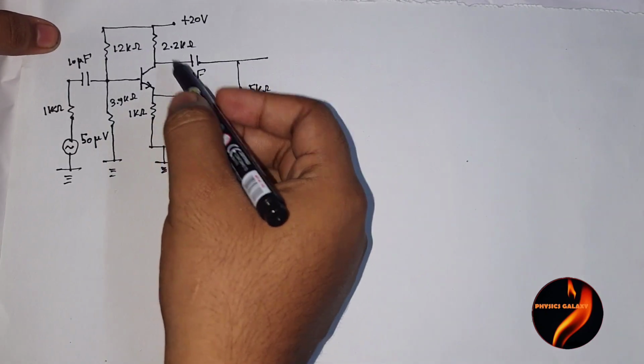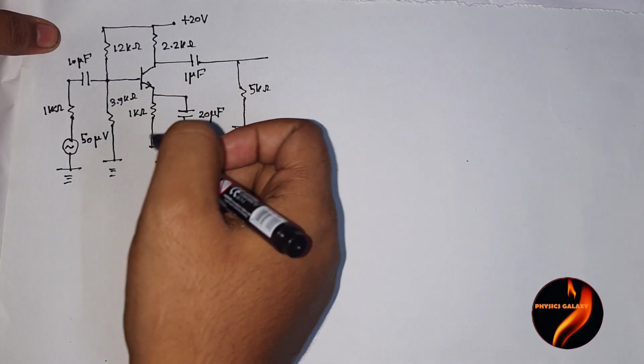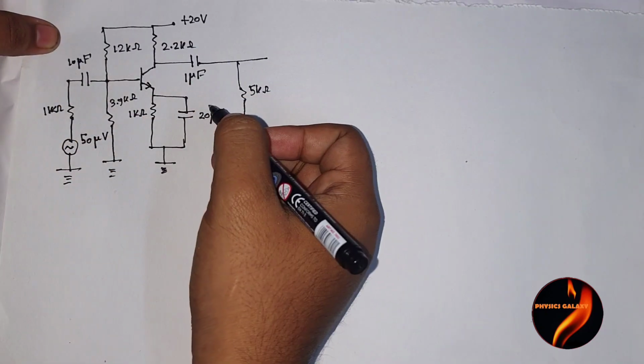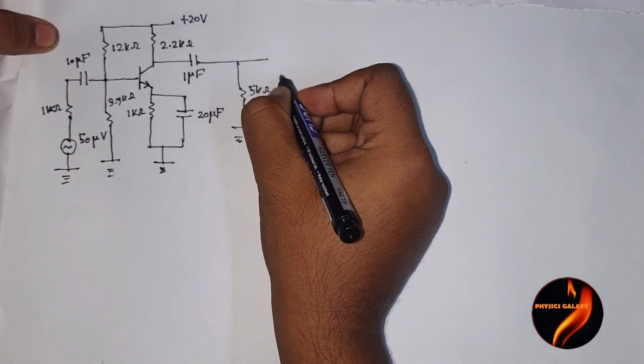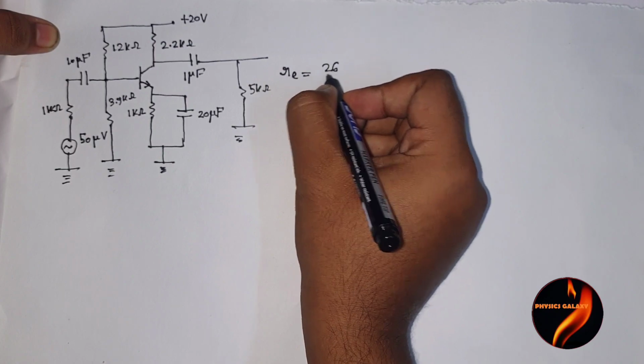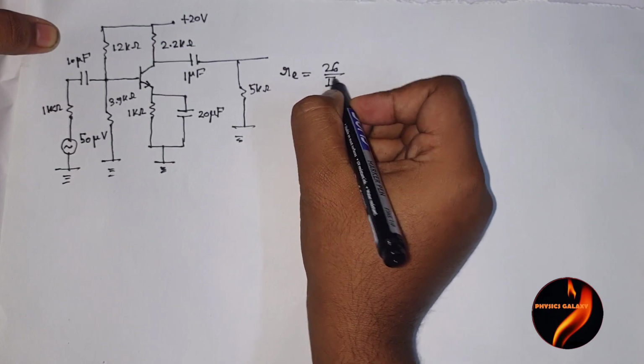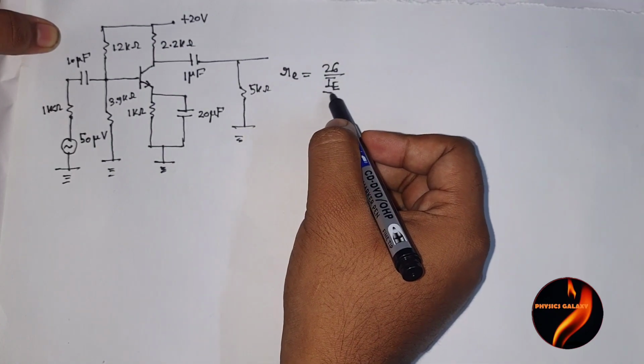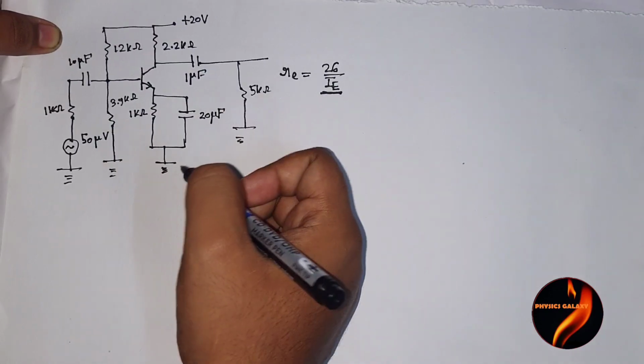To find the voltage gain, we need the AC emitter resistance, which is 26 divided by IE. So you have to find the DC emitter current for this circuit.